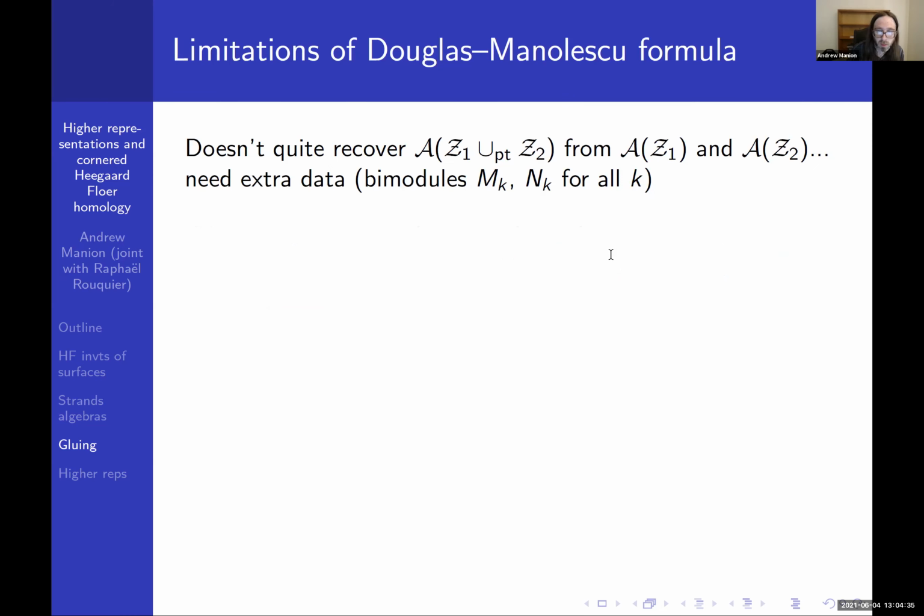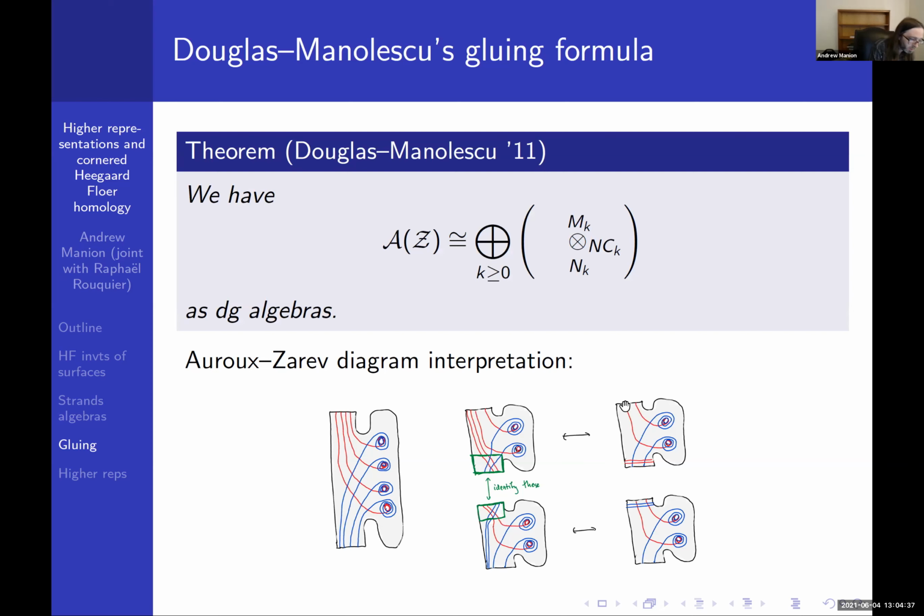If I want to make a guess as to what these bimodules look like in terms of immersed curves, the best guess I can give right now is something having to do with this little extra line I would put if I had k equals 1, or this little extra line. Okay, but that's all I had.